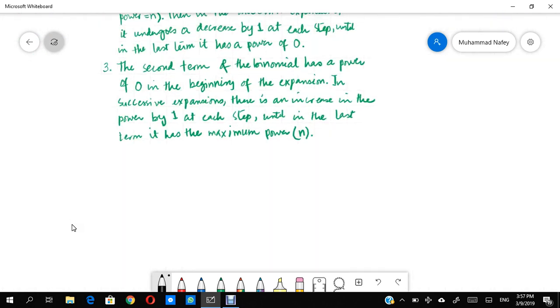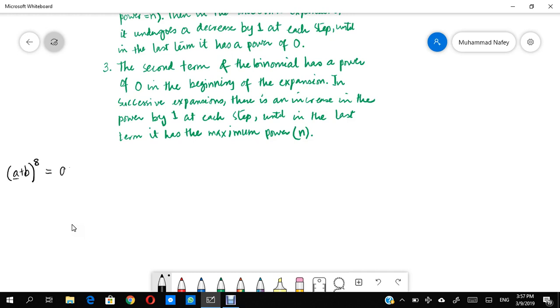So let's say I have (a + b) to the power of 8. And how will the expansion go? In the first term of the expansion, the first term of the binomial, that is a, would have the maximum power.